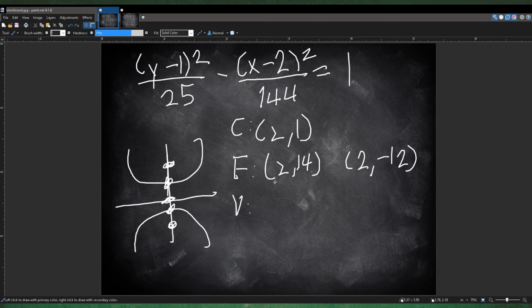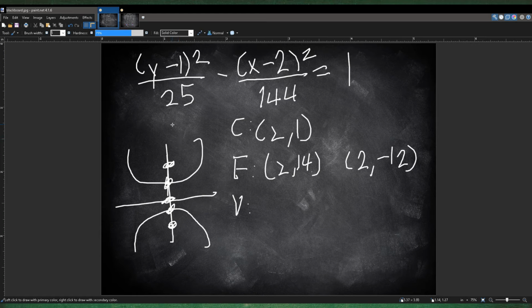Now the vertices. The vertices are going to be under the value of the y, so we see it under the a, which is the 25. The square root of 25 is 5.